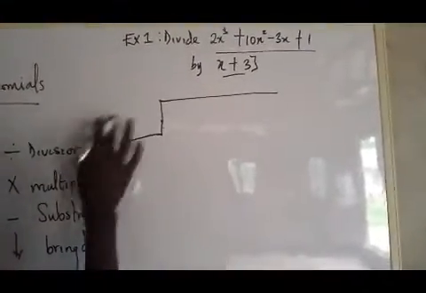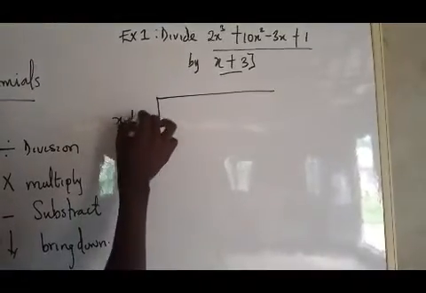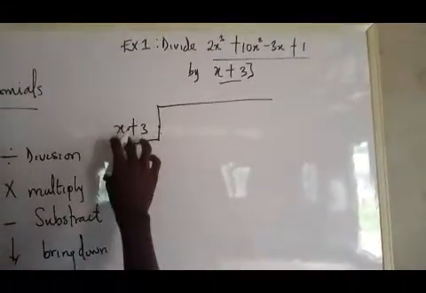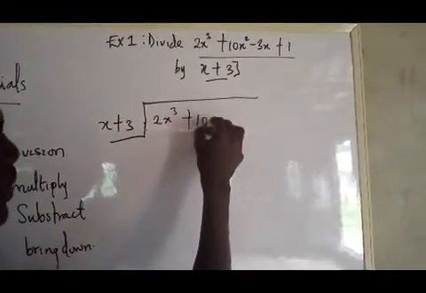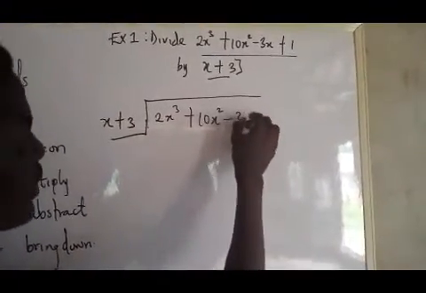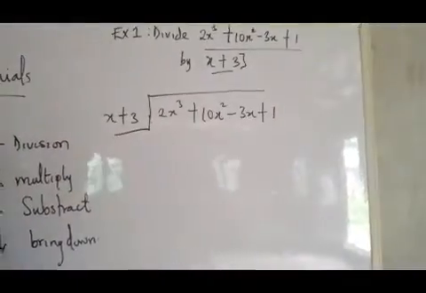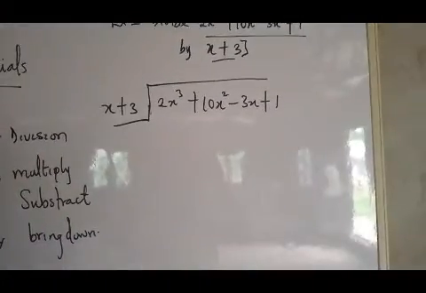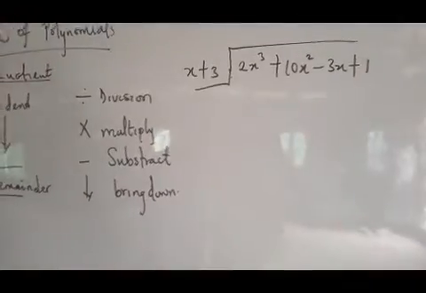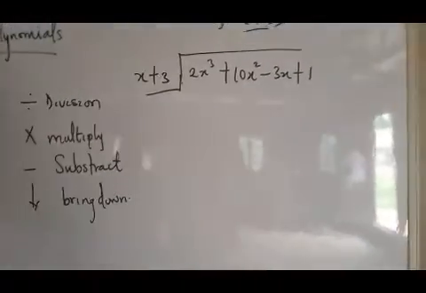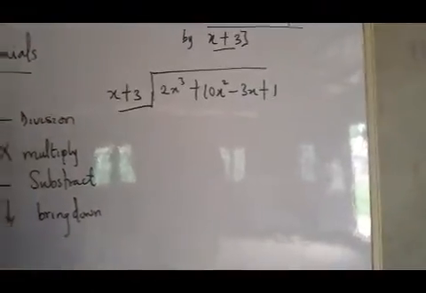Our divisor x plus 3 goes here. Our dividend is 2x cubed plus 10x squared minus 3x plus 1. So we are going to be making use of these four signs, which are division, multiplication, subtraction, and then the bringing down process. All right, so watch as I go.